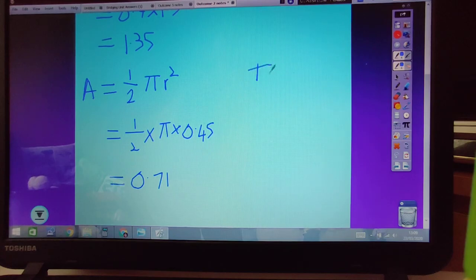But what we want is the total area. This shape consists of the rectangle and your semicircle, your half circle. So to get the total, we'd have to take the answer for the rectangle shape and add our answer for our half circle shape together.